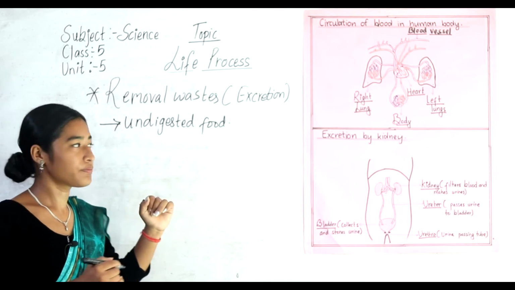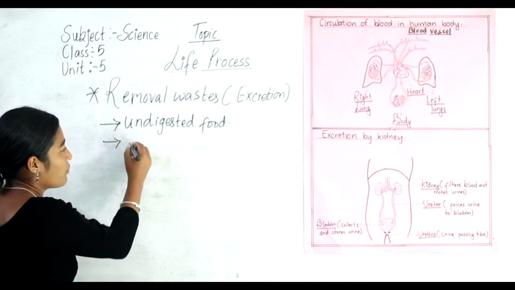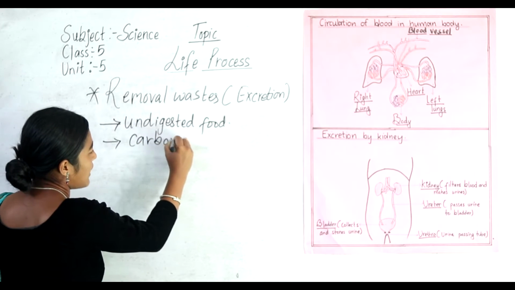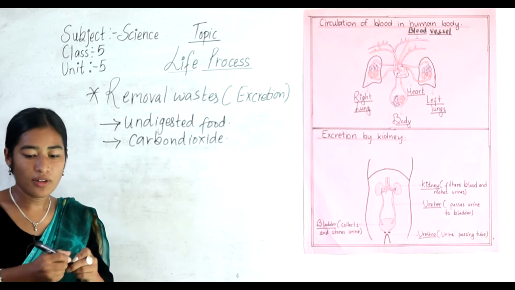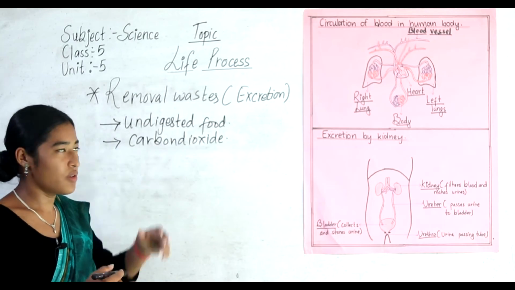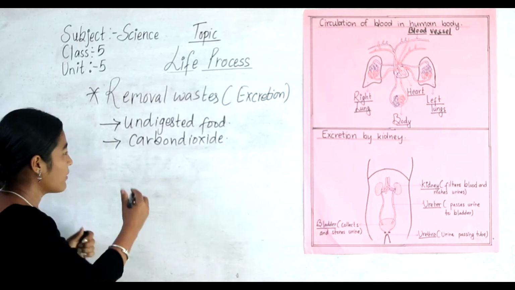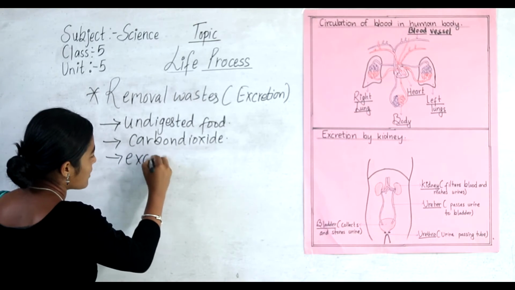The second is carbon dioxide. As we know, we breathe in oxygen and we throw out carbon dioxide, and this is also excretion. Then the third one is excess water.